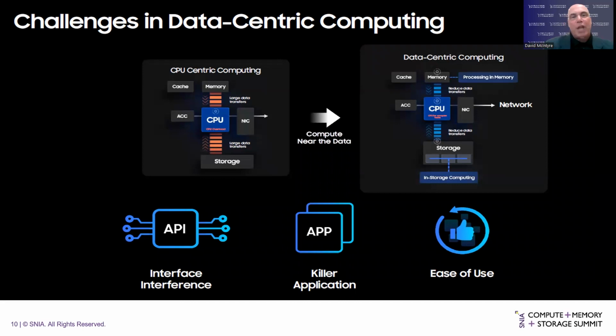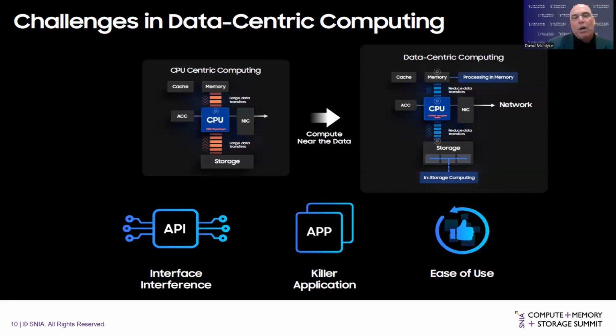Now, there are some challenges that we need to deal with. They're solvable, but we do need to deal with them in data-centric computing. One is the API to the application layer. There are examples of proprietary API interfaces out there today, and that creates some confusion, especially as we enter into a heterogeneous compute mindset where we want to have the availability of different accelerator resources that best support different application types.